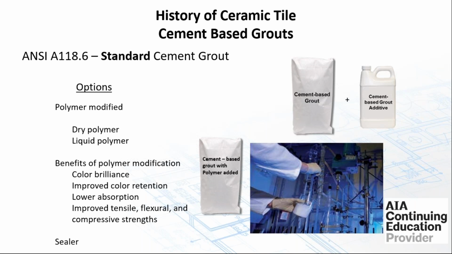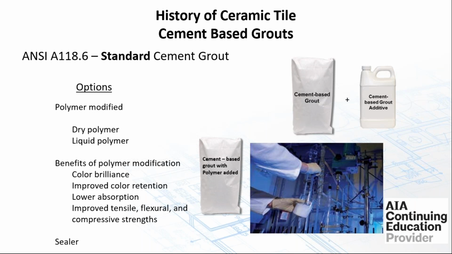So the first generations of polymer mixed grout or polymer modified grout was a liquid applied to the grout. And then most of the manufacturers now have moved to where a dry polymer is mixed into the grout at the factory, so you're not guessing how much liquid to put in. And then when you add water at the job site, it emulsifies the polymer, making your polymer modified grout.